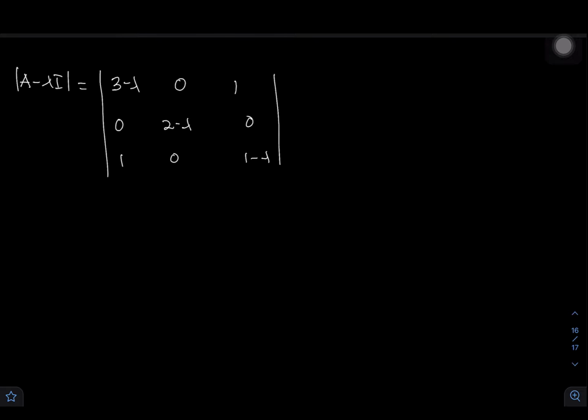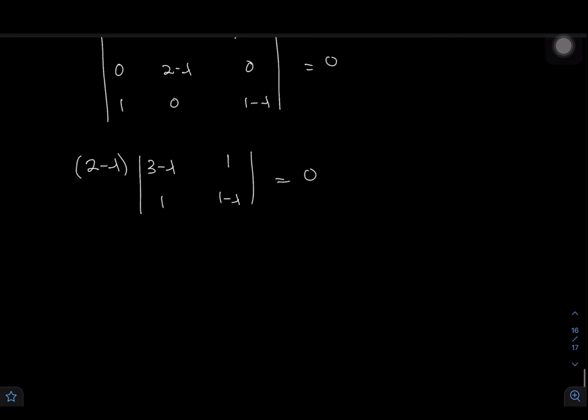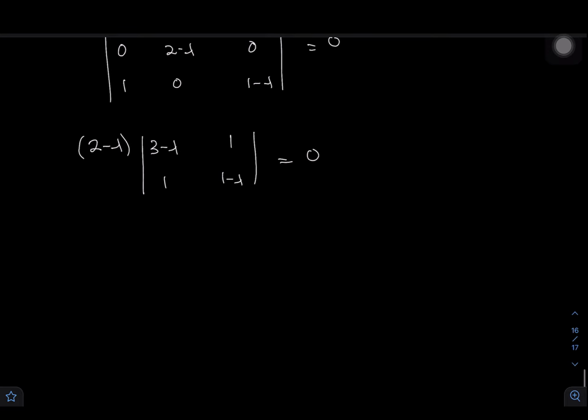So I'm going to have 0, I'm going to have 2 minus lambda multiplying 3 minus lambda, 1, 1 minus lambda. Am I right? All right, so that's what we have, and that should be equal to 0. I didn't put 0 there. Yeah, so I'm going to have 2 minus lambda, all multiplying 3 minus lambda, 1 minus lambda, minus 1 equals 0.